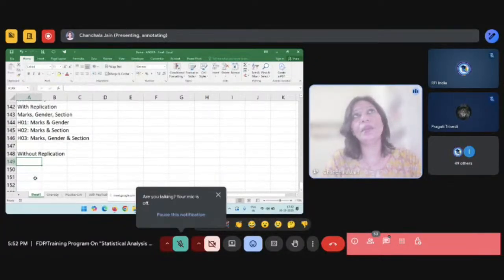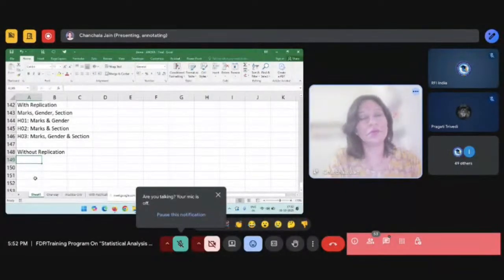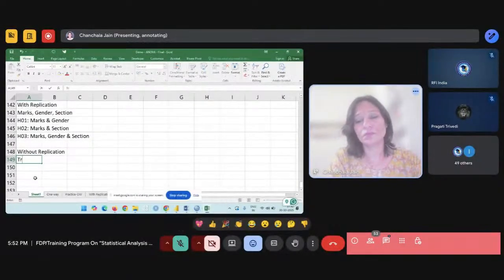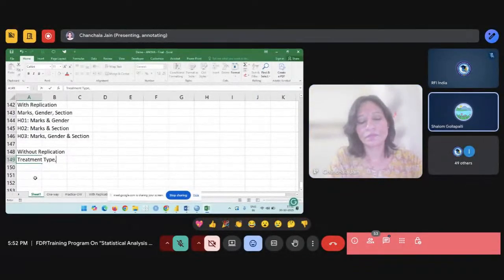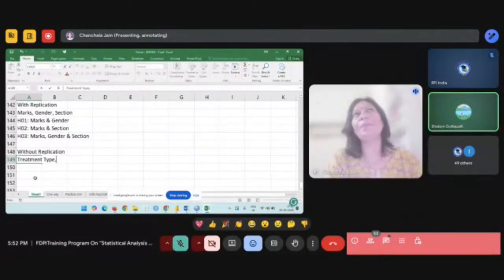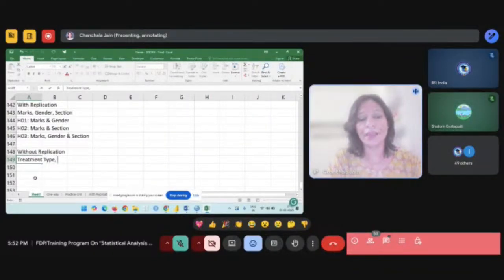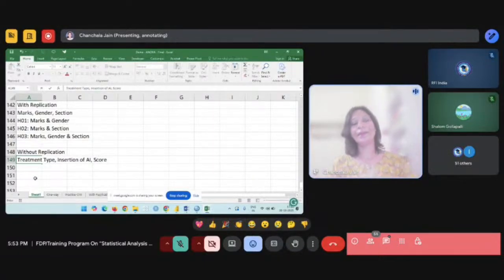In case of without replication, suppose we take therapy type or treatment type, whatever you want to write, and with AI or without AI, and performance or maybe score, right?